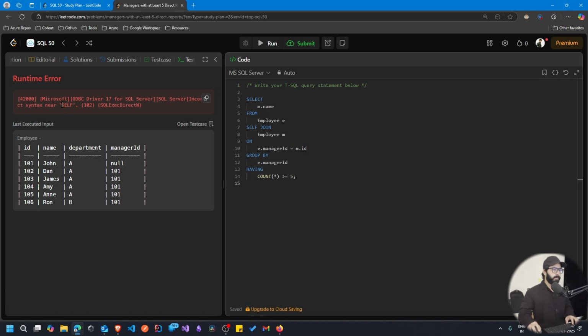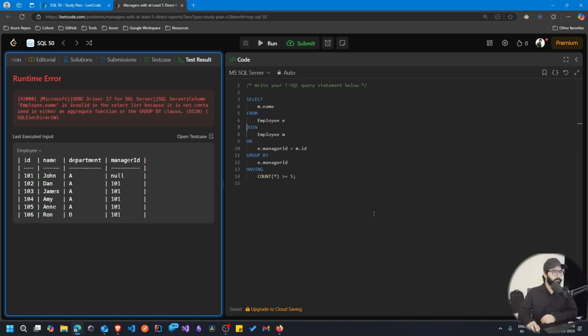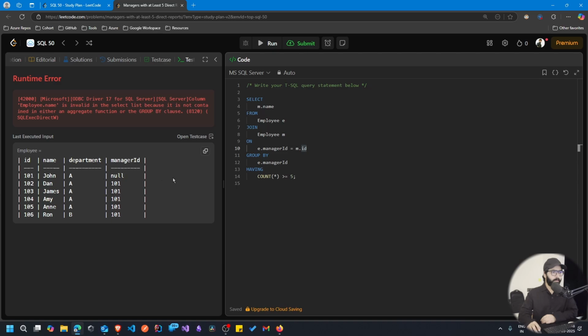No, incorrect syntax near self. Let me remove the keyword self. We don't need to mention that keyword with join. Now column employee dot name is invalid in the select list, because it is not contained in either an aggregate function or the group by clause.